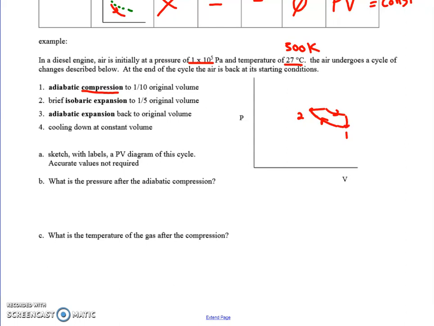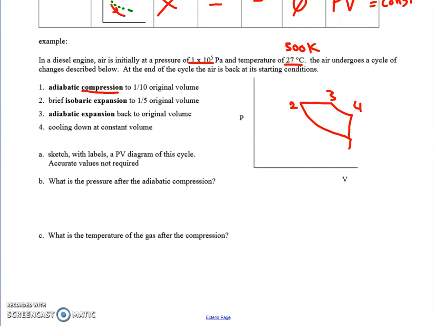We haven't changed the volume, so let me put in numbers 2, 3, 4. In hindsight I could have expanded this a little bit, but I think you get the idea. I'm just going to draw this again to expand it so it looks prettier. So we have this, this, this, and then this. Let me just extend it. So 1, 2, 3, 4.